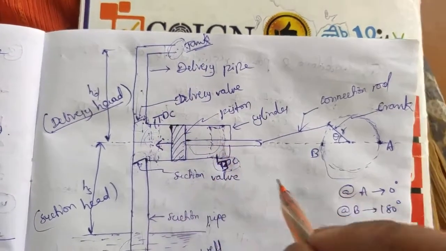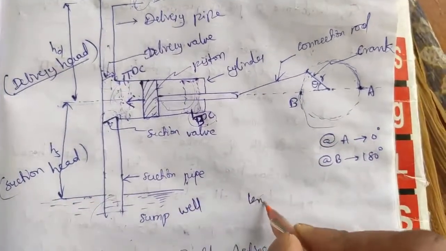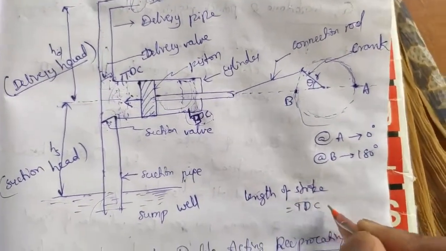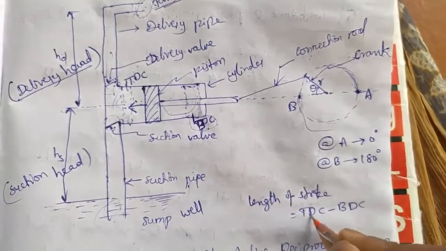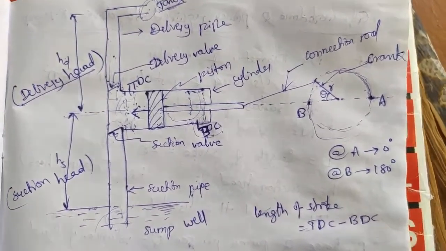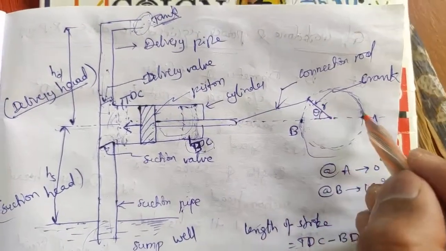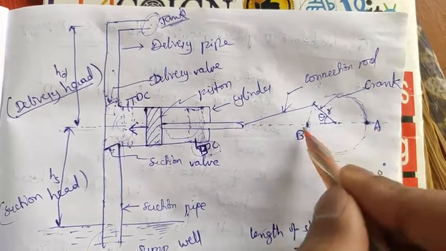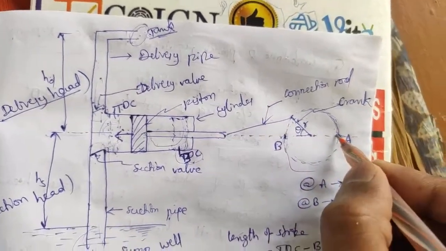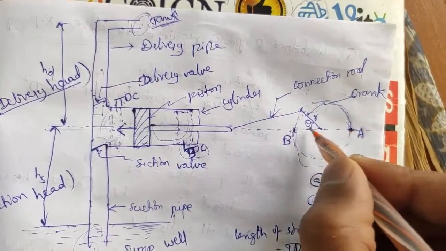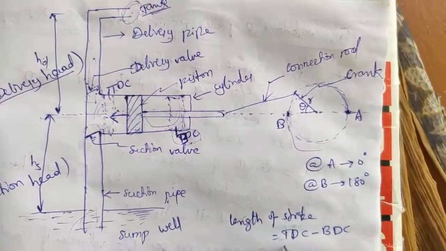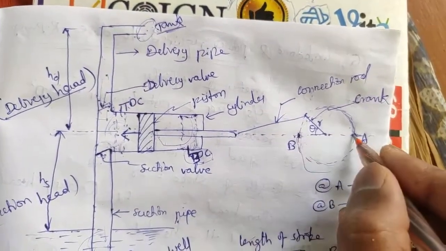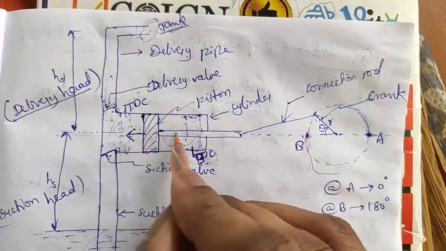So here length of stroke means the distance between TDC minus BDC, top dead center minus bottom dead center. The crank rotates from A to B, 0 degrees to 180 degrees, and the distance between AB is equal to the length of the stroke.